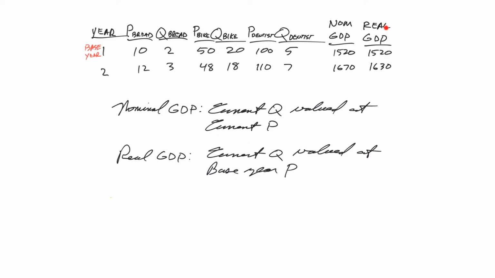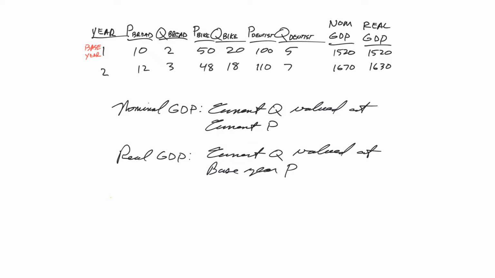So with real GDP, we freeze prices at their base year, and so the only thing that changes from year to year is the output. So we remove the effects of price changes, and so when we calculate, we arbitrarily picked year 1 as the base year.